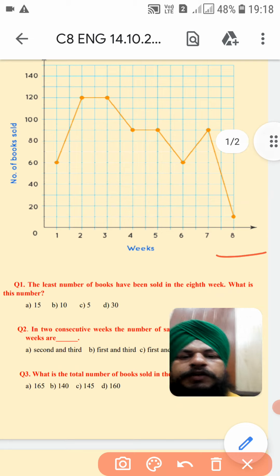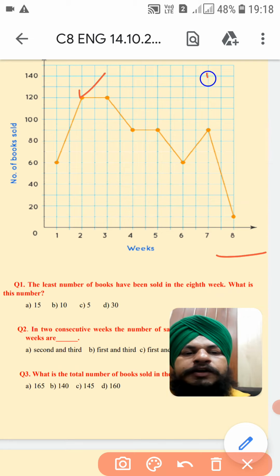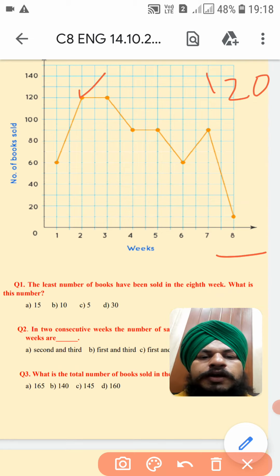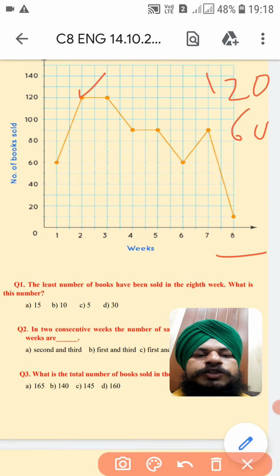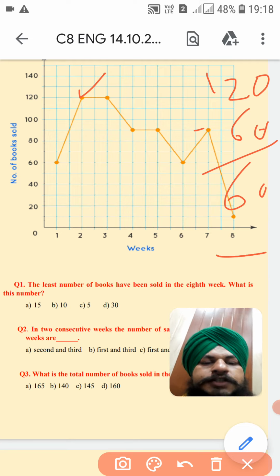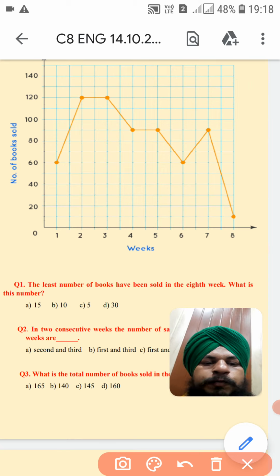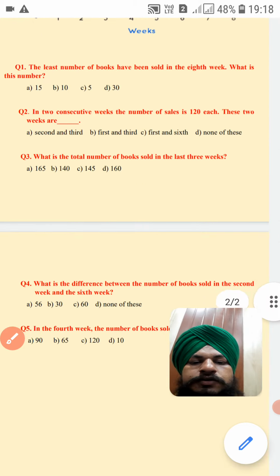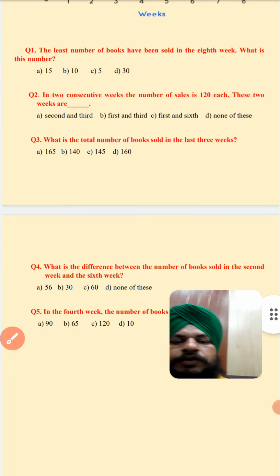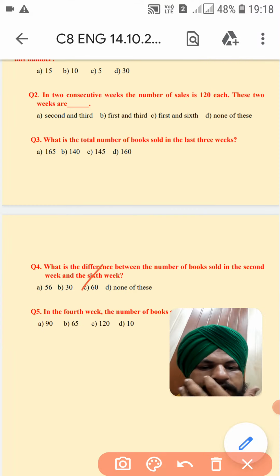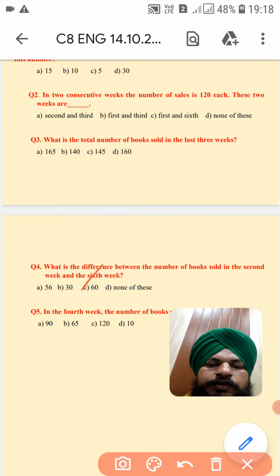In the second week there is 120 books sold, and in the 6th week there is only 60 books sold. So the difference is 60 books. Let us see the answers in question number 4.